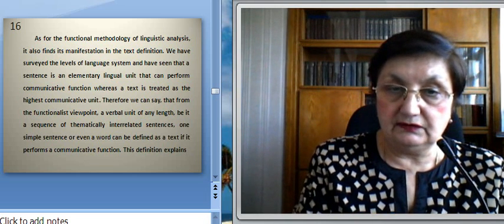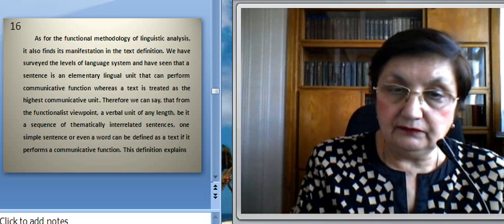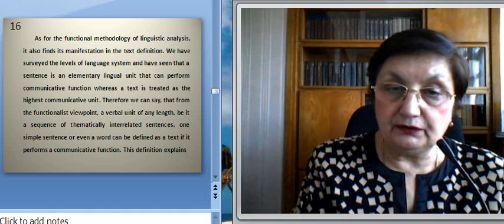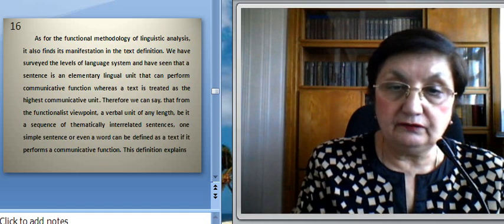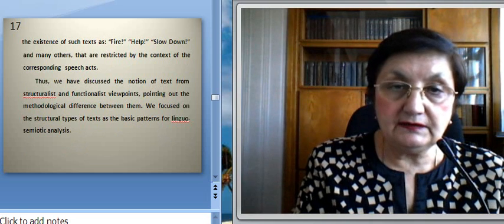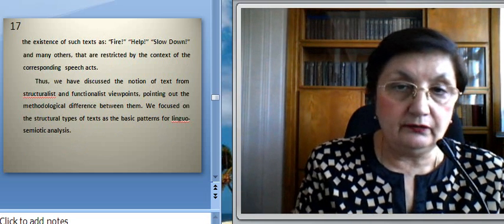This definition explains the existence of such texts as fire, help, slow down, and many others that are restricted by the context of the corresponding speech acts.